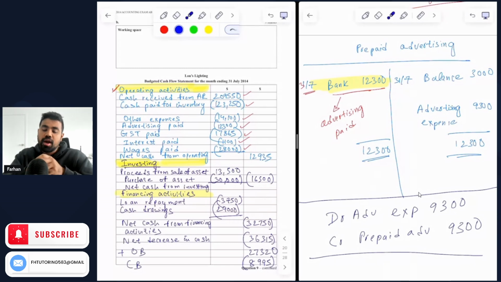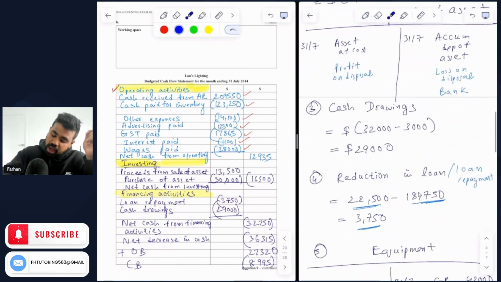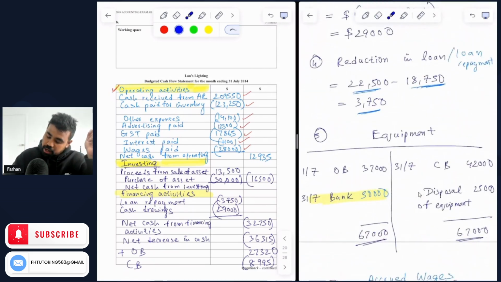The only non-current asset we have sold was the equipment, and the only non-current asset we have purchased was also the equipment. If you recall, we prepared the ledger account for equipment, and we found the cash paid for new equipment purchase was $30,000. And that is why it's included here. Purchase of asset, $30,000 negative to reflect the outflow or cash paid.